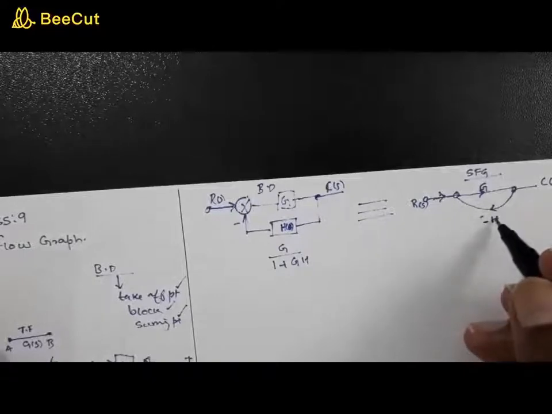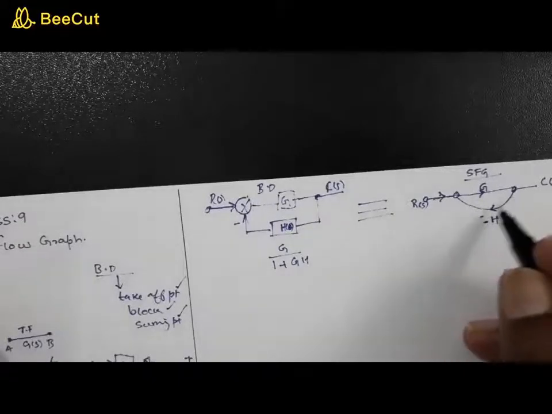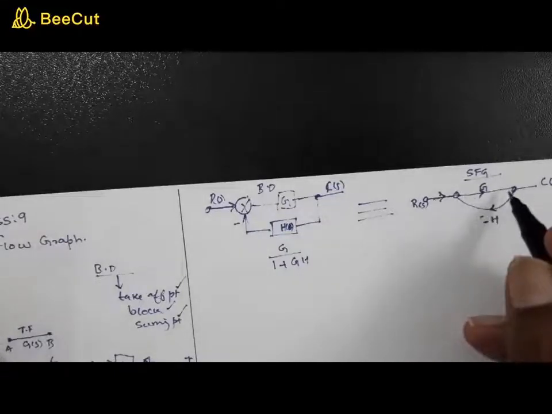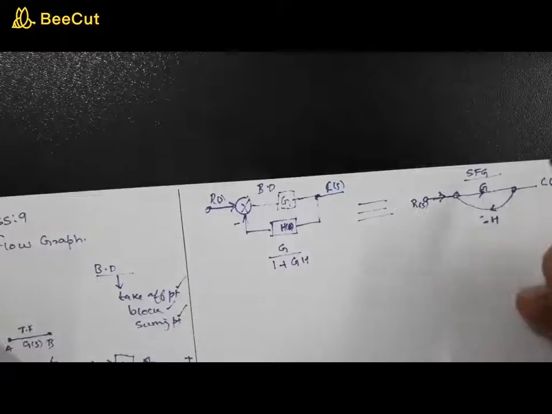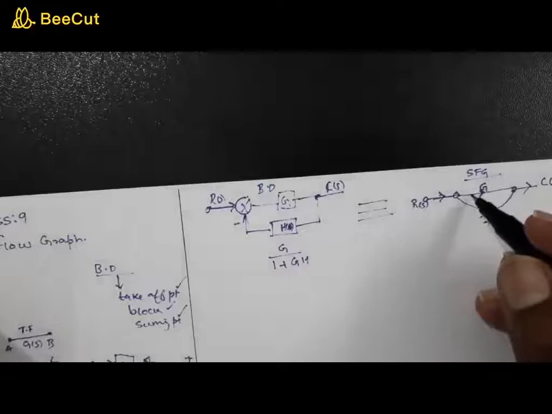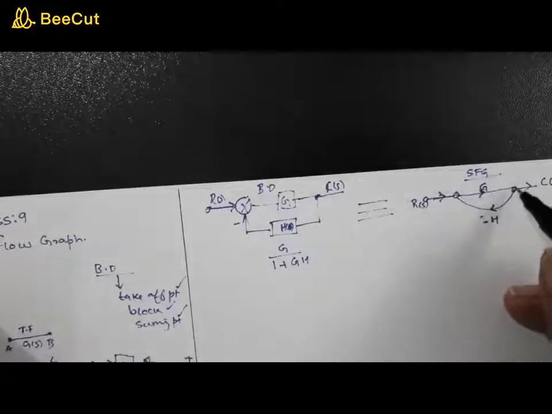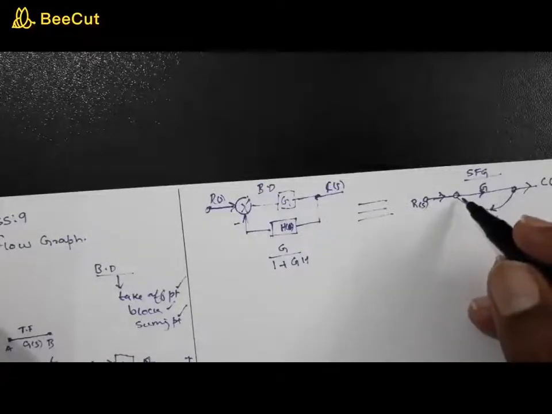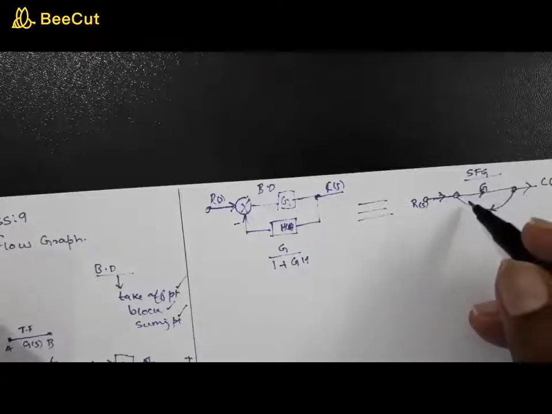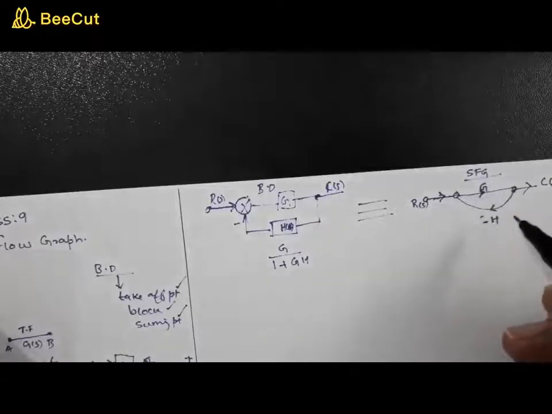So minus H will be the transmittance of this feedback path. Now when you look at this, you can see there is a forward path as well as a feedback path, and the forward path transmittance is G, feedback path transmittance is minus H.